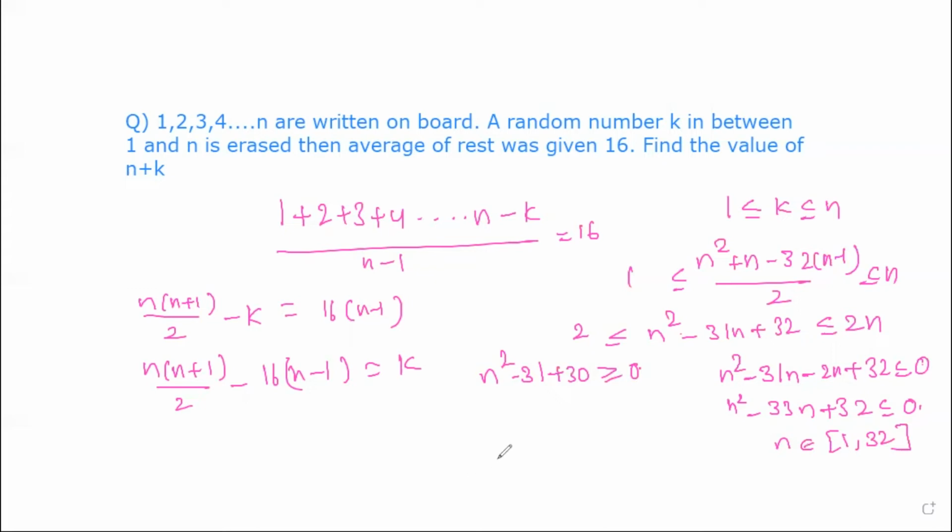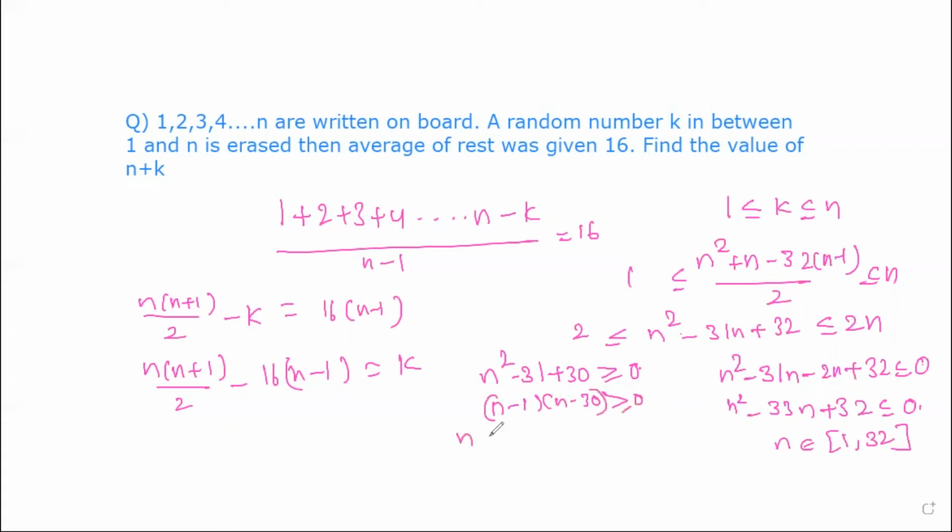And here the roots are 30 and 1. And n minus 1 into n minus 30 should be greater than or equal to 0.